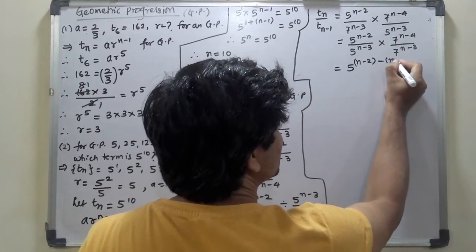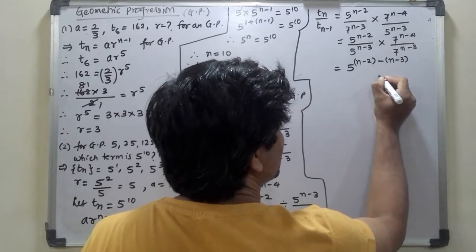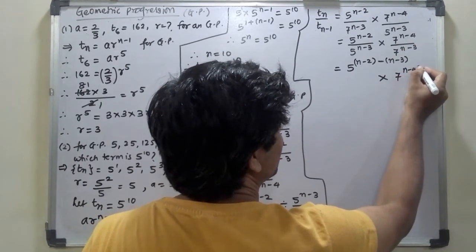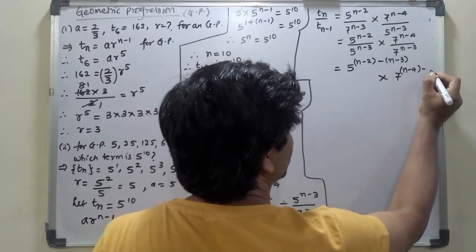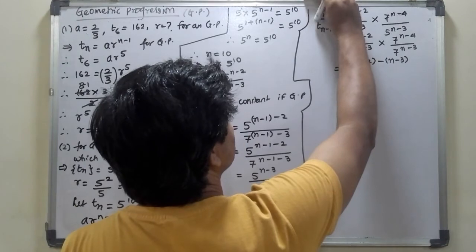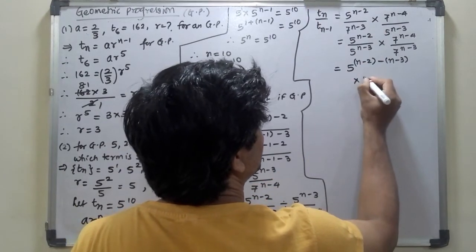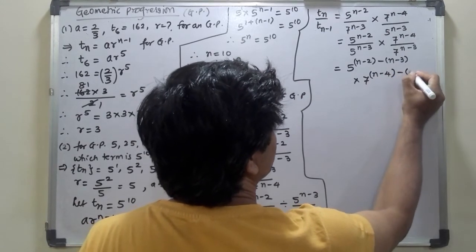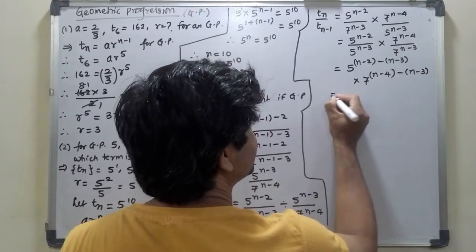Into 7 raised to n minus 4 minus n minus 3.